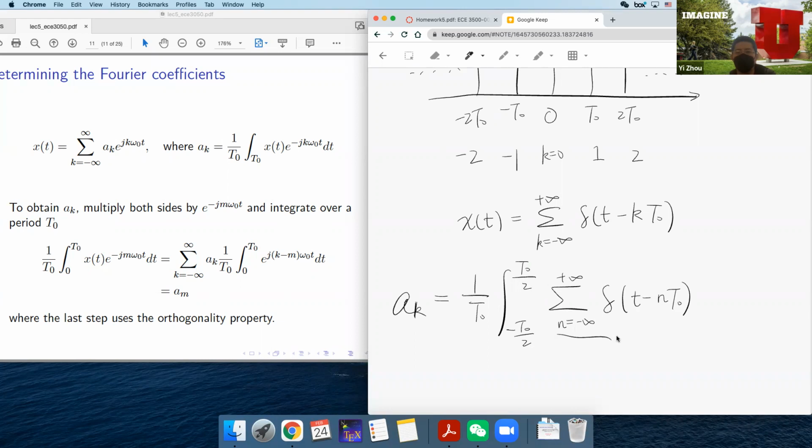This is x(t), times e to the negative j k omega naught t.